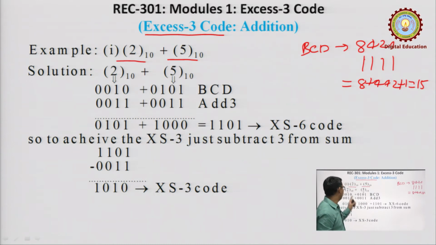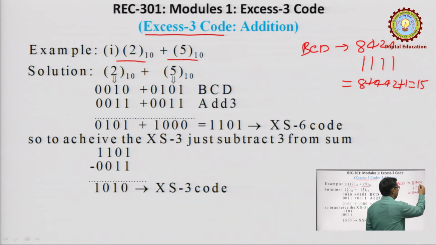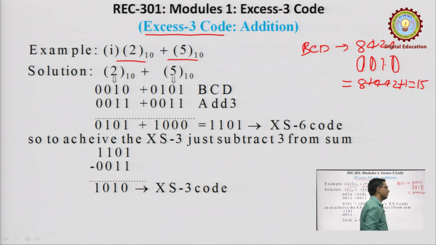First of all, we will convert both the numbers into BCD. If you want to represent the decimal number 2, then we require this digit to be high and the remaining 3 digits should be low, meaning they will become 0.